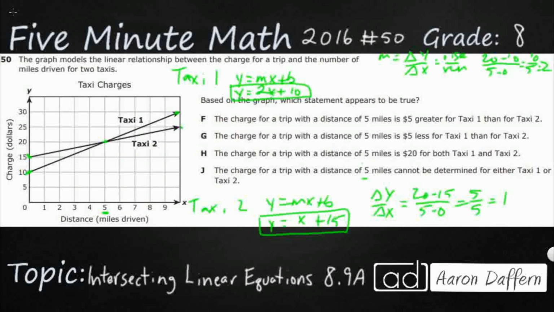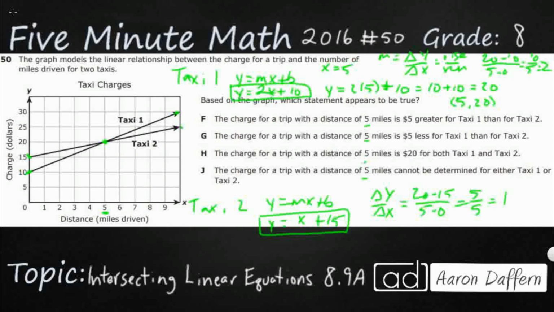Well, the question is what happens when you get a distance of 5 miles? Let's plug 5 into each of these. If x equals 5, for taxi 1 we get y equals 2 times 5 plus 10, so that's 10 plus 10, which equals 20. Makes sense. If x is 5, y is 20. You get a coordinate pair right there.